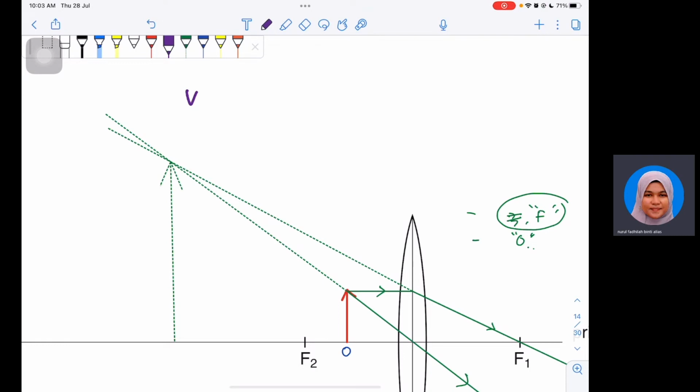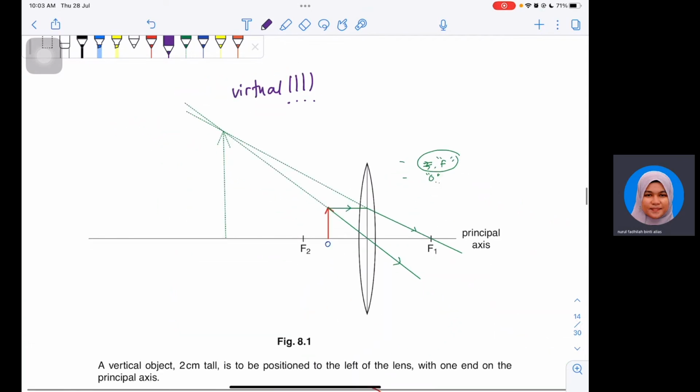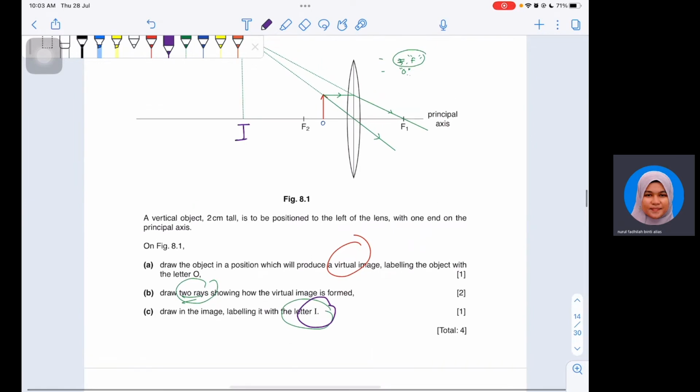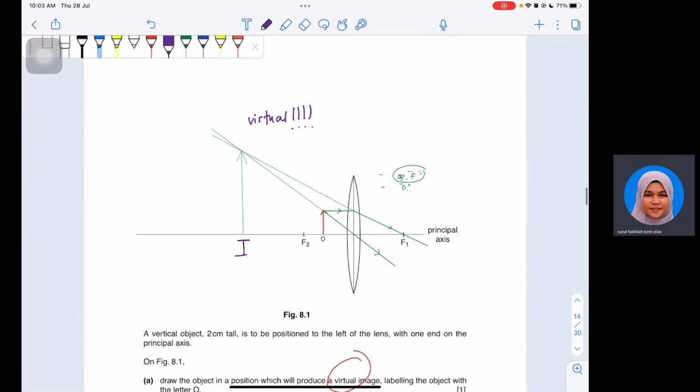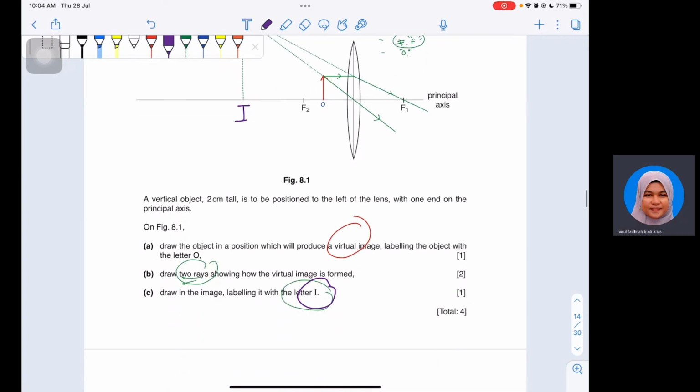Dotted line means it's virtual. Kalau solid line means it's real. Okay? Jadi kita buat apa lagi? Letter I. Jadi letaklah I sini. Betul. Okay? Better it's that way lah. Ya, sebab dalam SPM dia ada jadi dalam IGCSE pun sama.